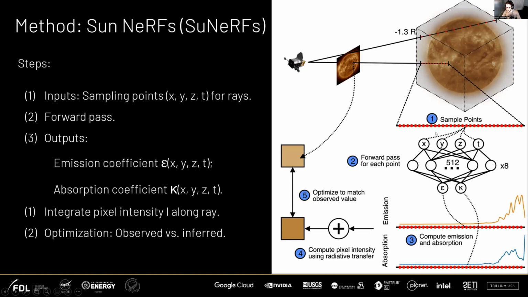As you can see here for step 2, what we're providing as information is the X, Y, Z, and T components of the different sample points. Then it goes into a neural network, which is all fully connected.